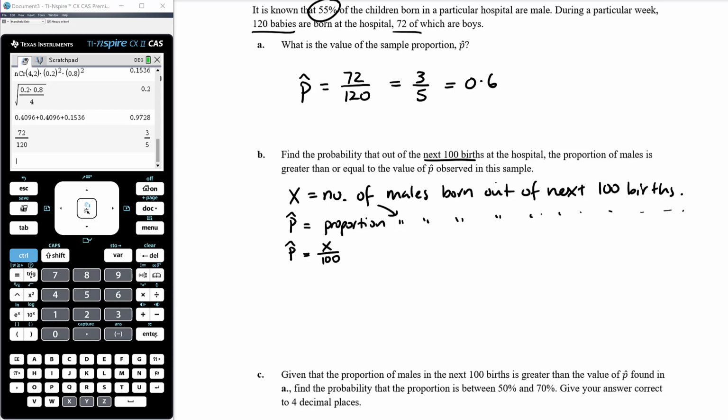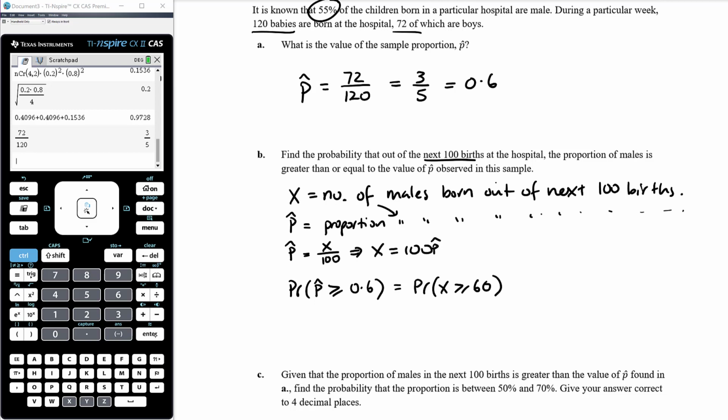So we want to find the probability that the proportion of males is greater than or equal to the value of p hat we calculated in part A. We want the probability that p hat is greater than or equal to 0.6, which is equivalent to the probability that x is greater than or equal to 100 times 0.6, which is 60.